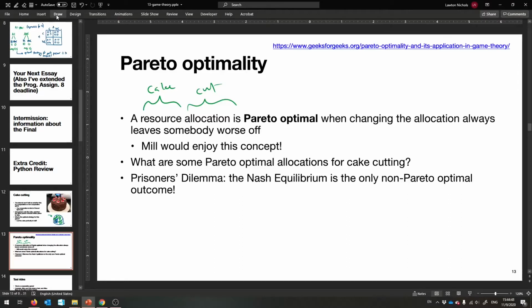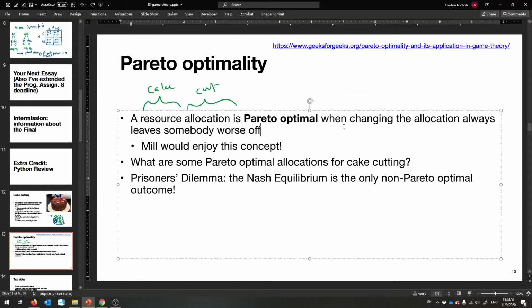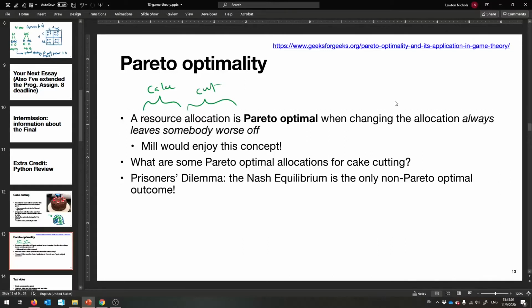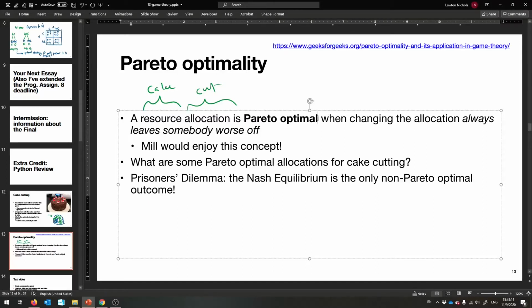And a resource allocation, so a cutting of the cake, is called Pareto Optimal when if you were to change the allocation for somebody, maybe it's a game with multiple people, it always leaves somebody worse off. Okay? That's the key. If you were to change the way you cut the cake, somebody would be worse off. That means that your resource allocation was Pareto Optimal.